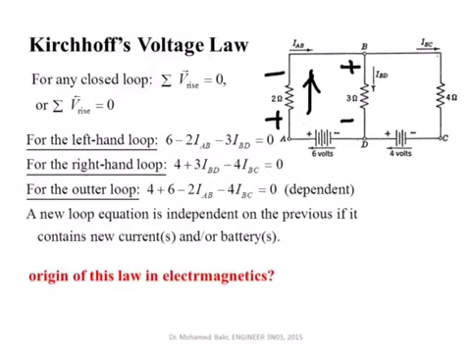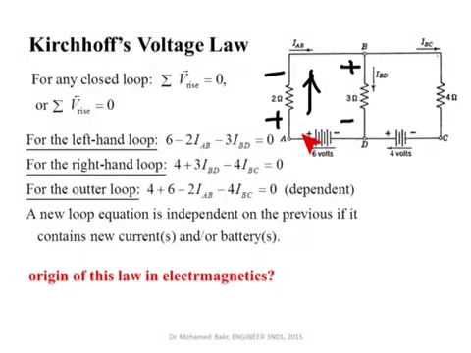Then if you write the Kirchhoff voltage law, it is going to be 6 volts minus 2 IAB. Remember this drop has to be minus, since it's of opposite polarity to the 6 volts.